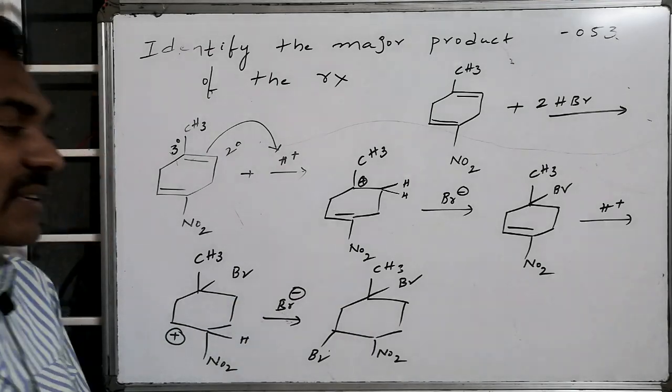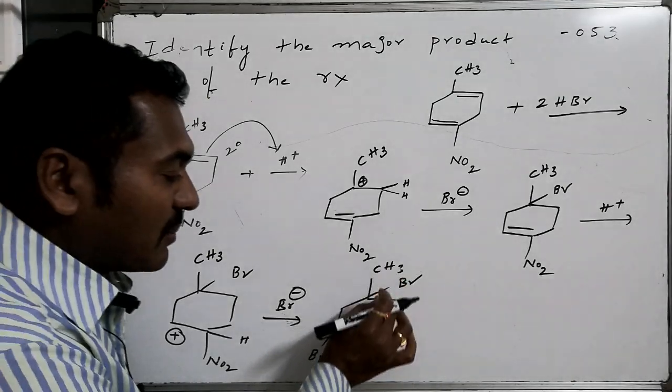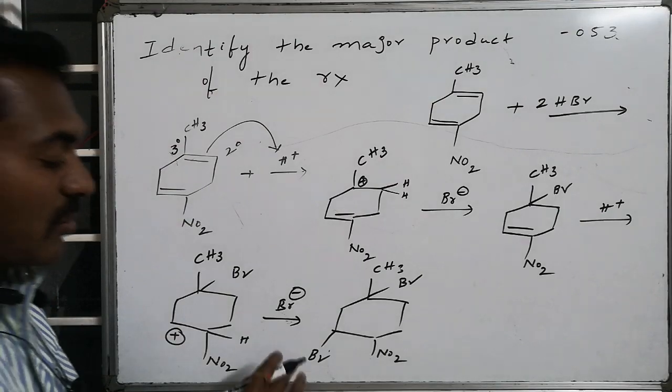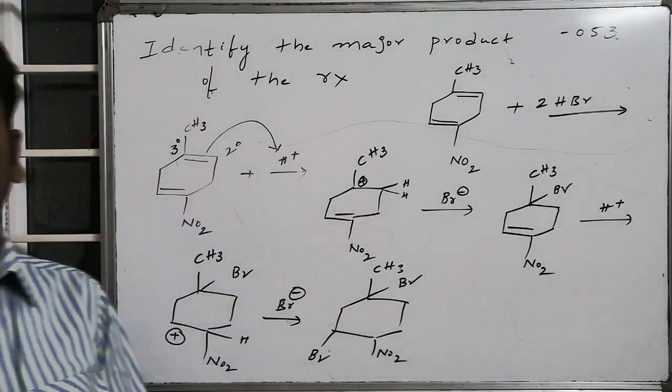On that, Br minus makes an attack, resulting in bromine substitution at the carbon bearing the methyl on the ring, and bromine substitution adjacent to the nitro group in the cyclohexane system.